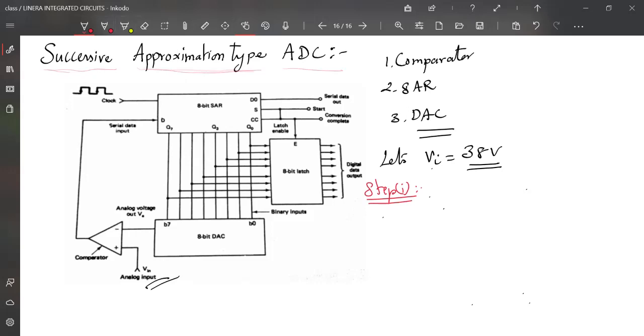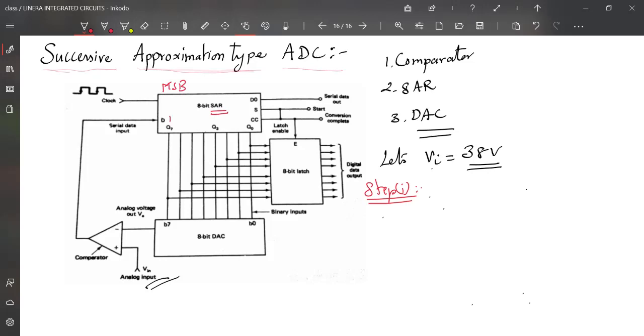Initially, when the start button is initiated in the SAR, the successive approximation register, the most significant bit will be energized.